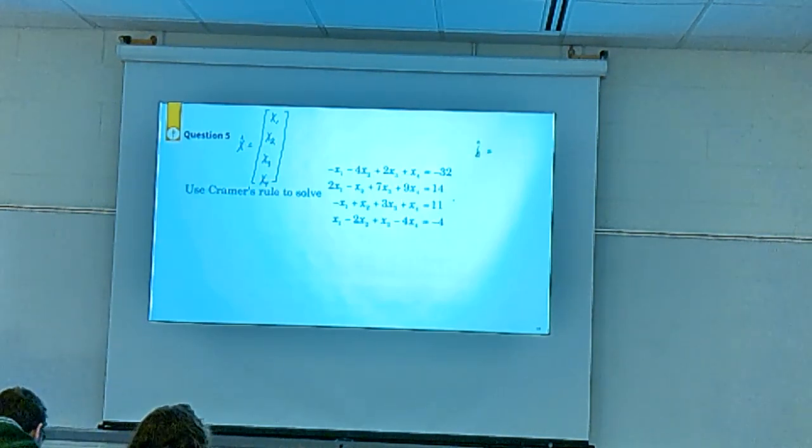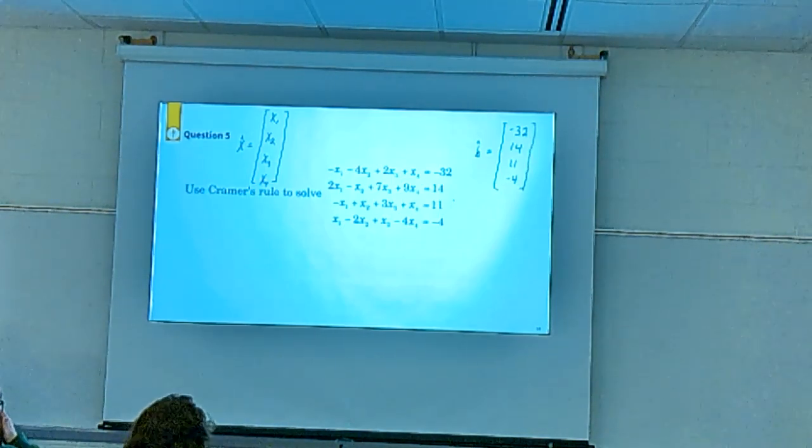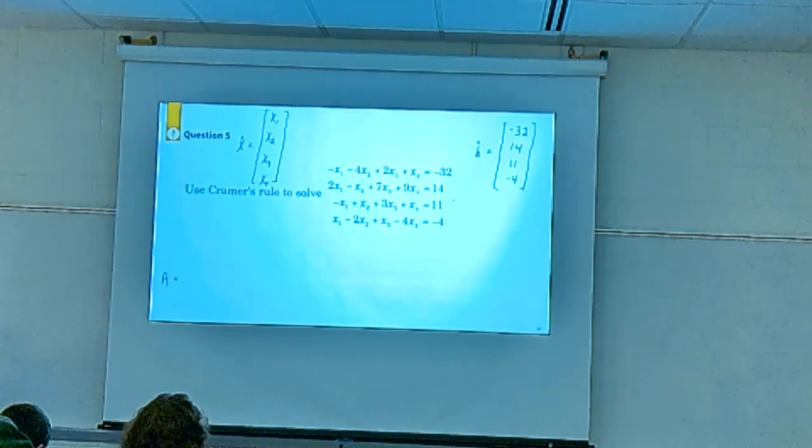What's our b vector? Negative 32, 14, 11, negative 4. What is our coefficient matrix?